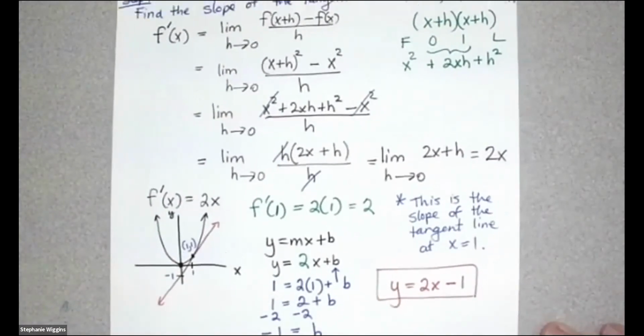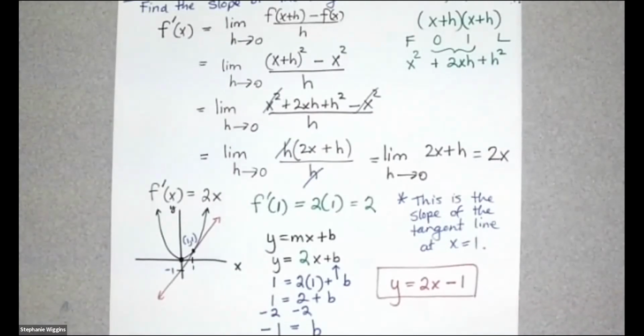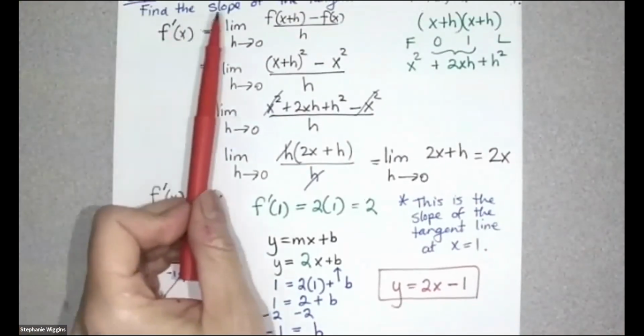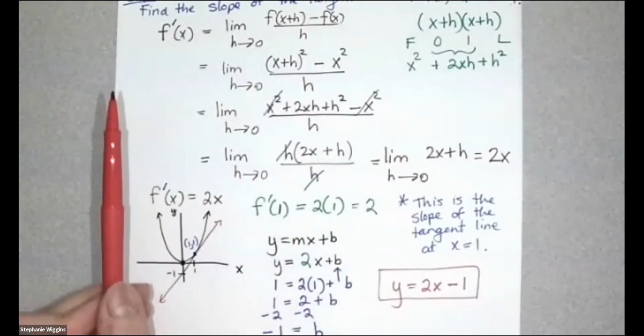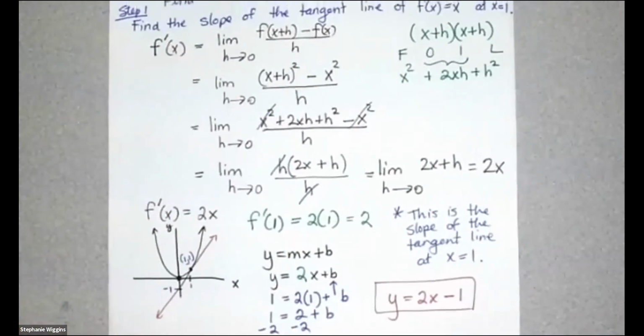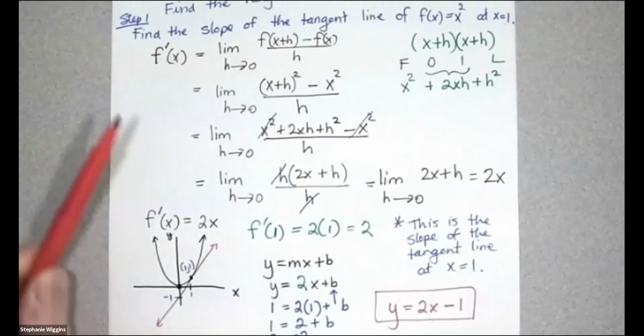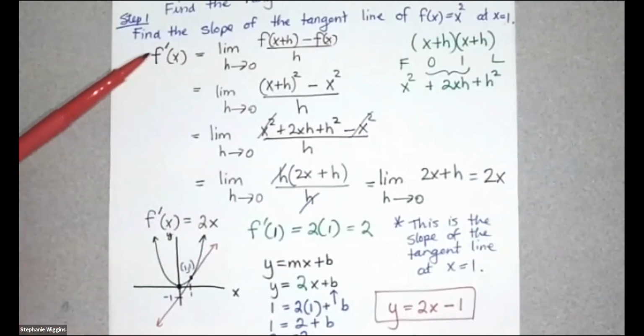This is something that you're going to do a lot throughout this course, is finding the tangent line. After today, we will not be using this method right here to calculate the derivative. We are going to come up with some rules that are much easier for calculating the derivative. But this is the definition.